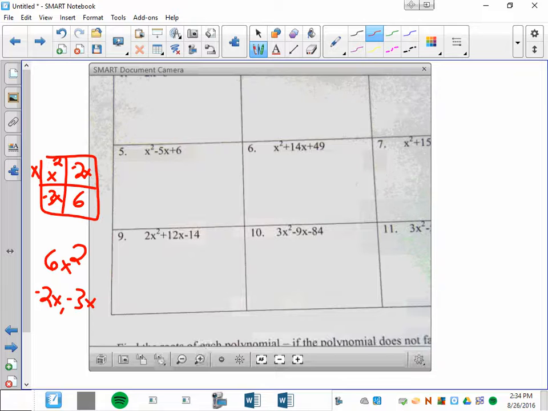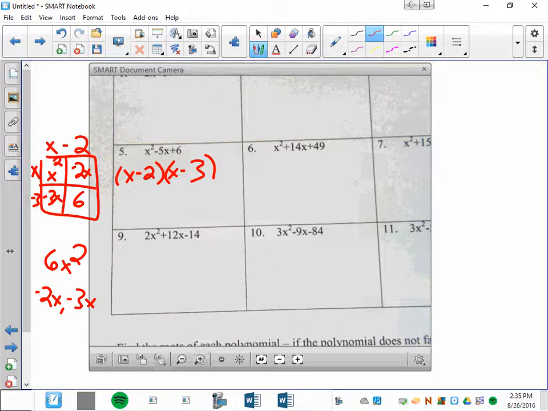So this would be x. X times what is x squared? X. X times what is negative 2x? Negative 2. And x times what is negative 3x? Negative 3. So x minus 2 and x minus 3.